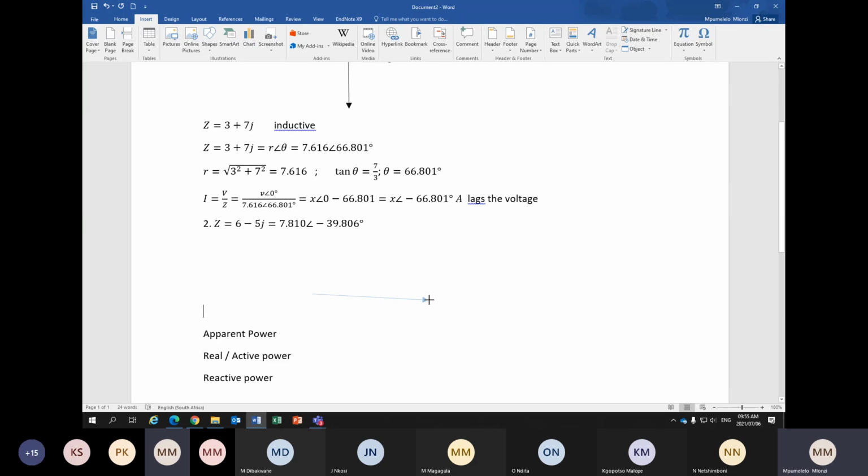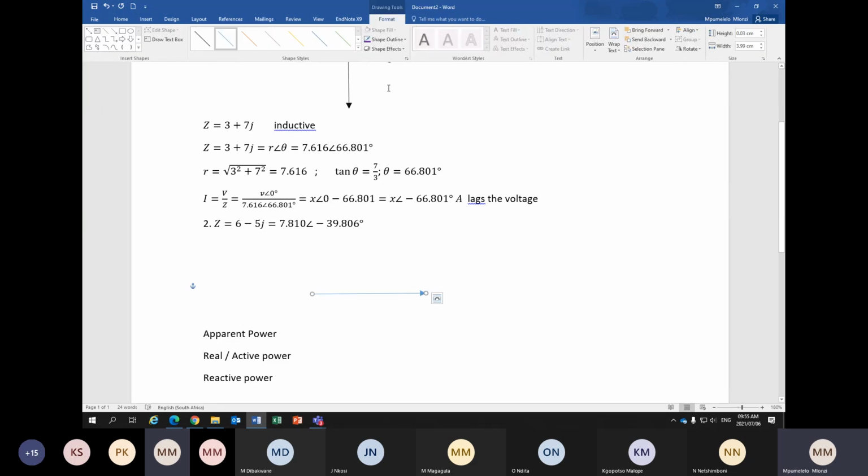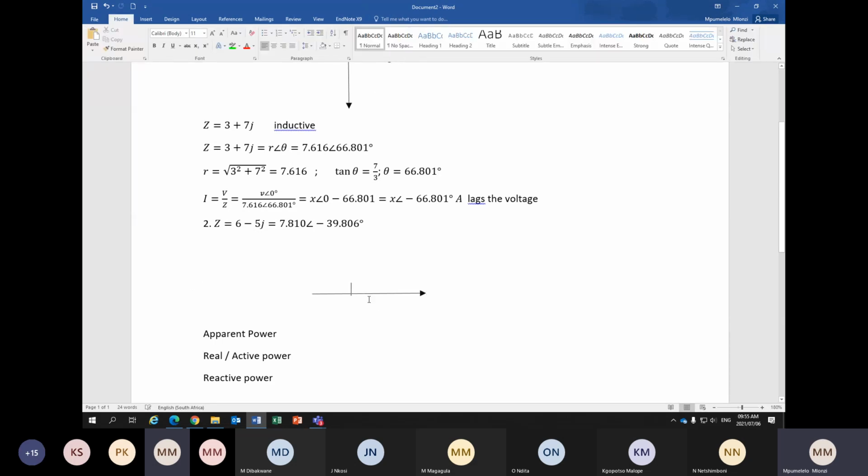Now, as we said, when we represent this in terms of a triangle, you will have on the horizontal line the R. This is where you find your R, the real part of the complex number.